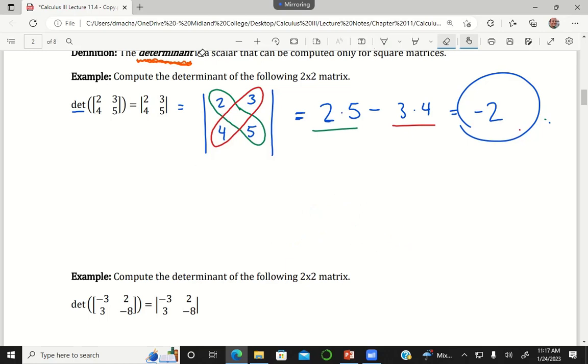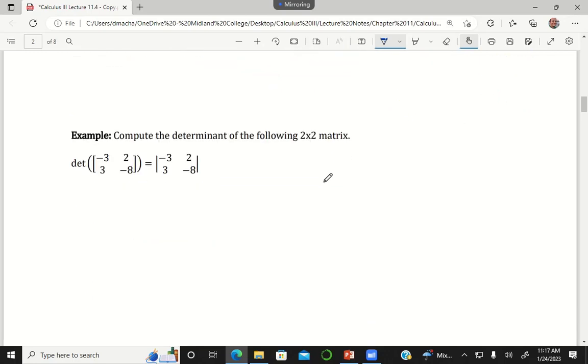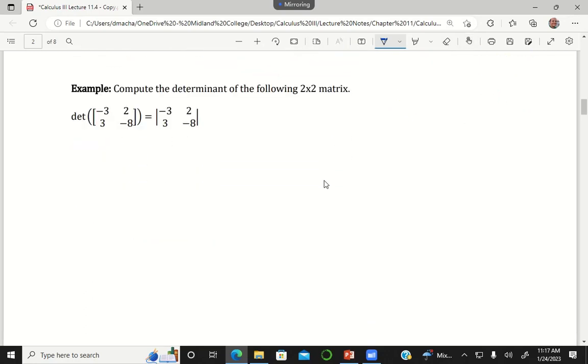Anyways, this is the determinant of a 2 by 2 matrix. Let's do another example just for good measure. If I'm asked to take the determinant of this matrix, -2, 3, 3, -8, this would be -3 times -8 minus 2 times 3.